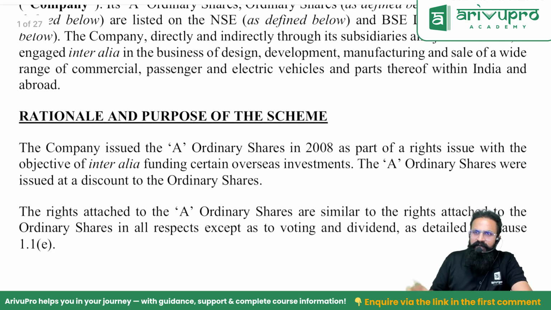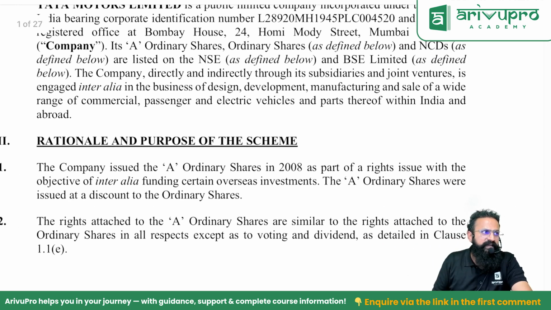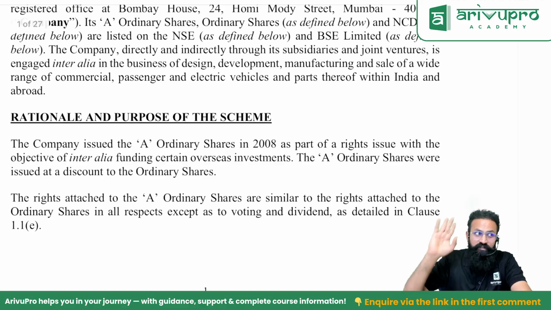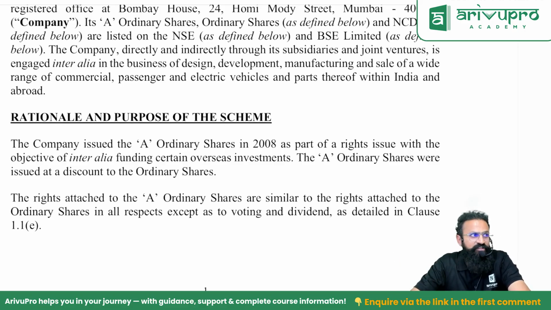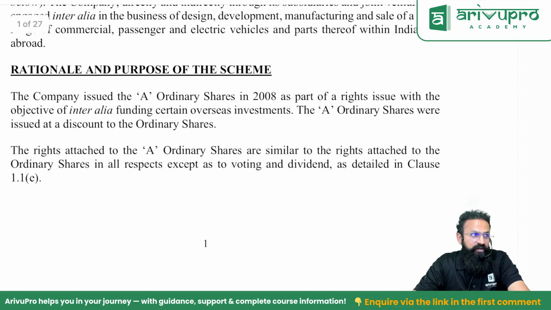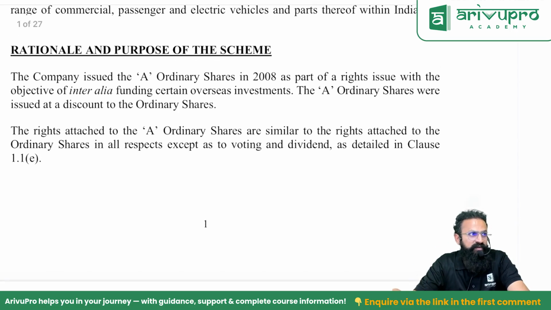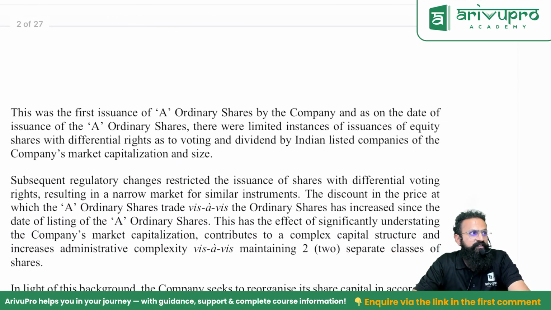Rationale and purpose of the scheme: the company issued A ordinary shares in 2008 as part of a rights issue with the objective of inter alia funding certain overseas investments. The A ordinary shares were issued at a discount to the ordinary shares. The rights attached were similar to the rights attached to the ordinary shares in terms of voting and dividend. This was the first issue, and as on the date of issuance there were limited instances of issuance of equity shares with differential rights as to voting and dividend by Indian listed companies. DVR.